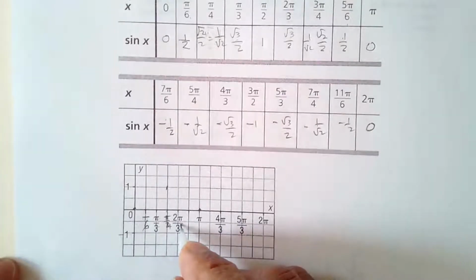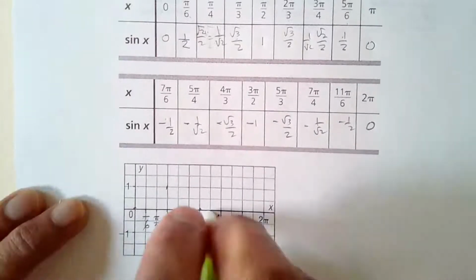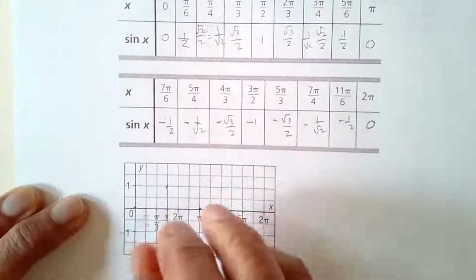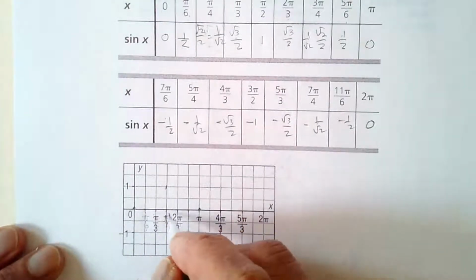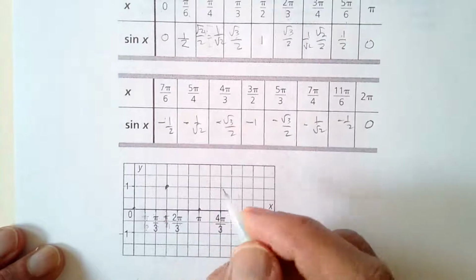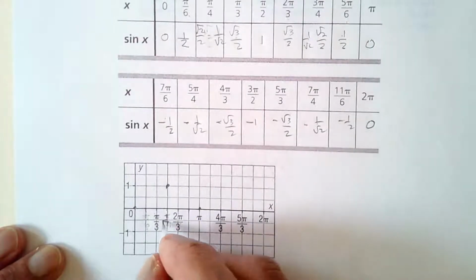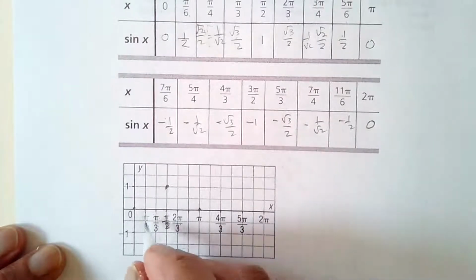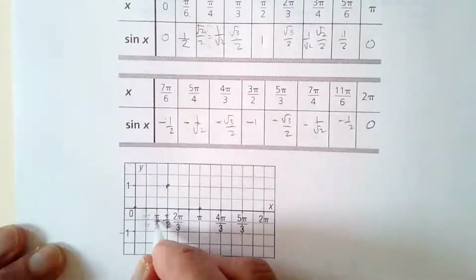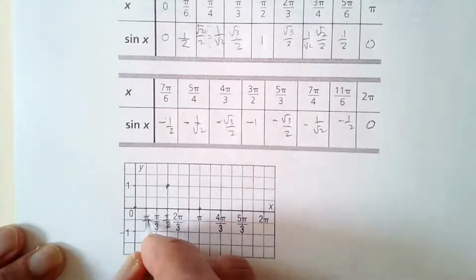So 2/3 pi. Okay. So you have pi over 2. So pi over 3. Here we have pi over 6.